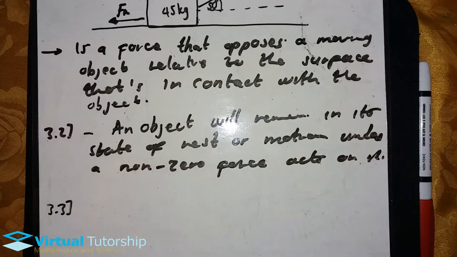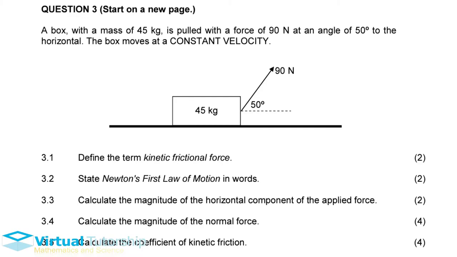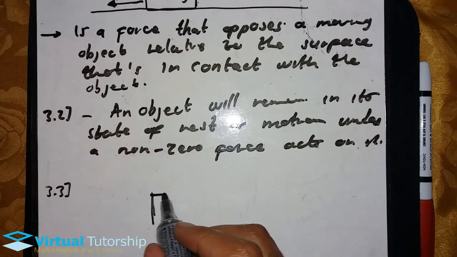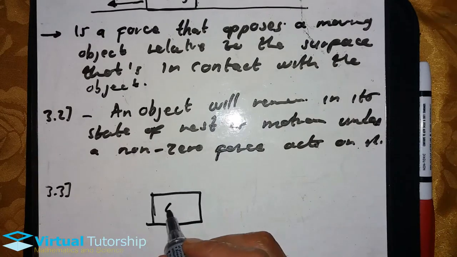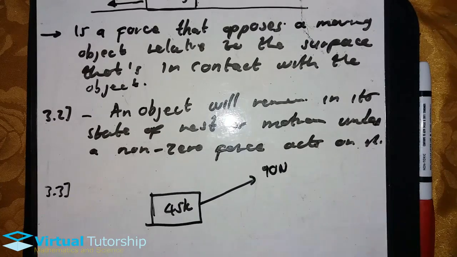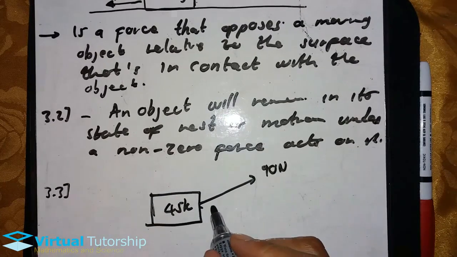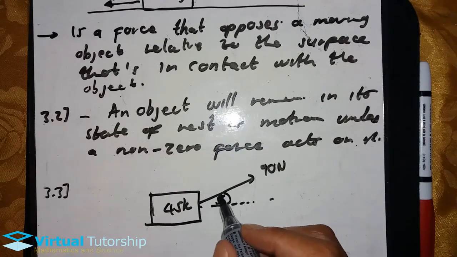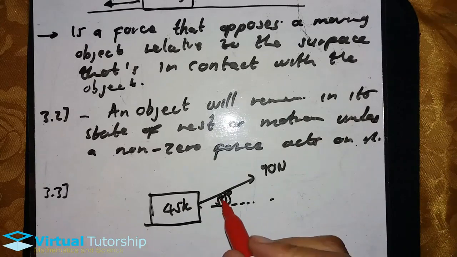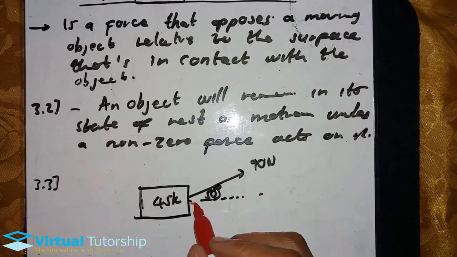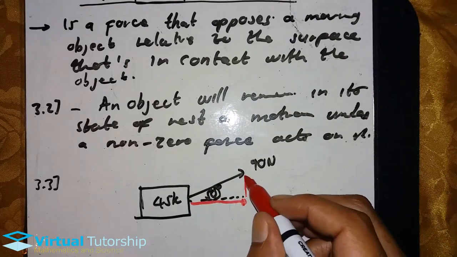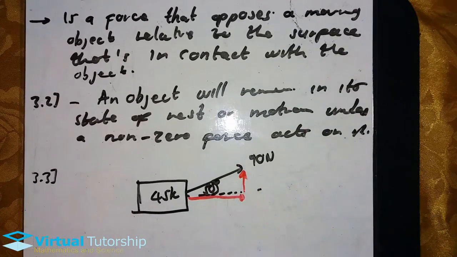But anyway, 3.3: calculate the magnitude of the horizontal component of the applied force. Let's redraw the object. There's a 90 newton force applied at an angle of 50 degrees. When you apply a force at an angle, it will have components, like in this case a horizontal component as well as a vertical component.